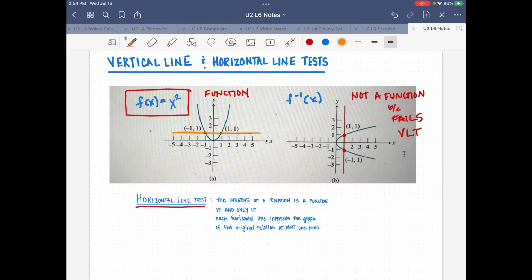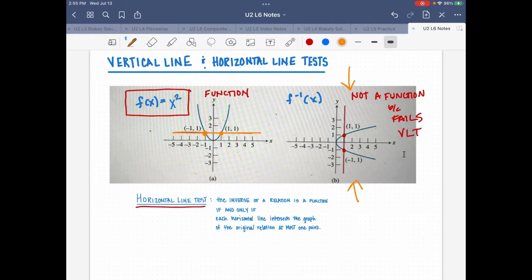So if I draw a horizontal line through the function and that horizontal line passes in more than one point, then its inverse is not a function. And we know it's not a function because we looked at it over here. But if I don't want to have to graph its inverse and do the vertical line test with the inverse, I can just look at my original function, and if it fails the horizontal line test, then its inverse is not a function.